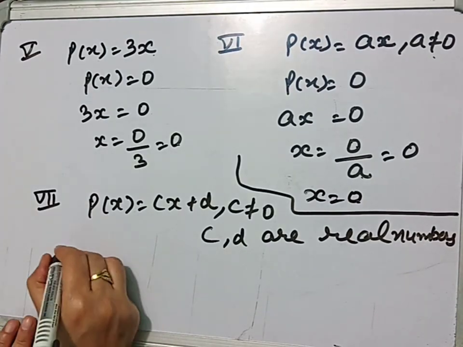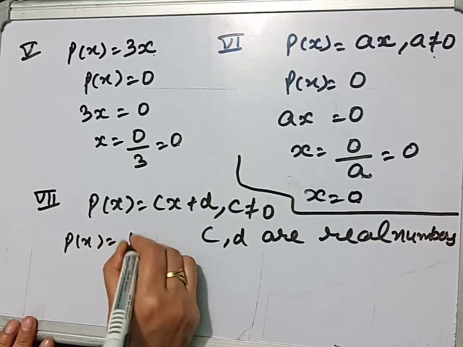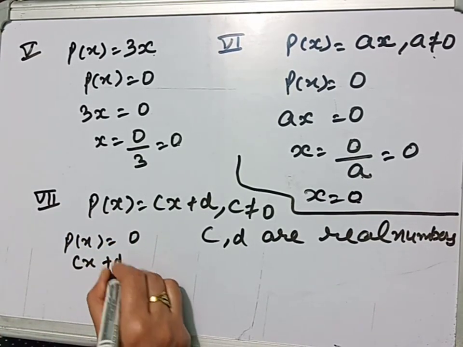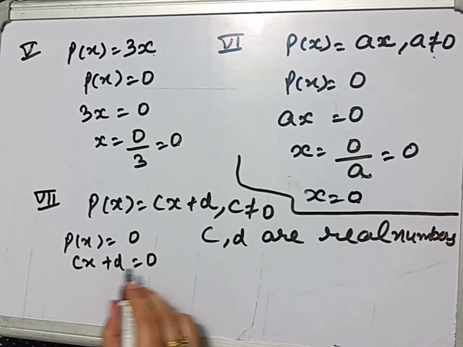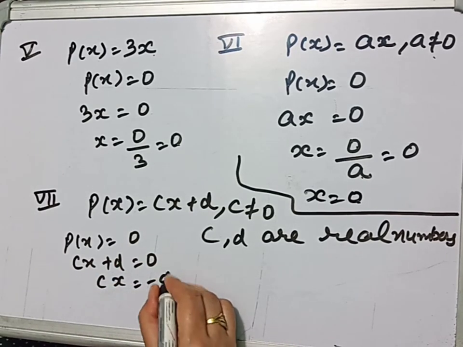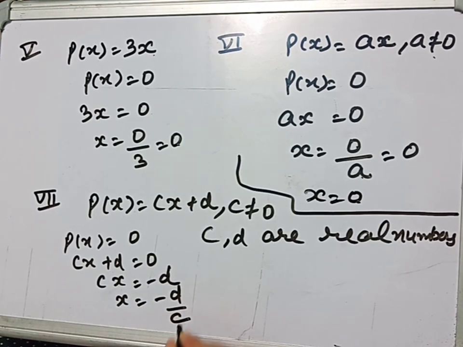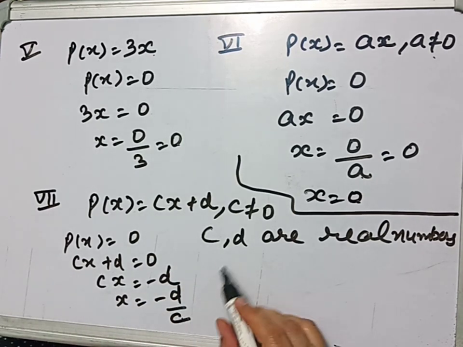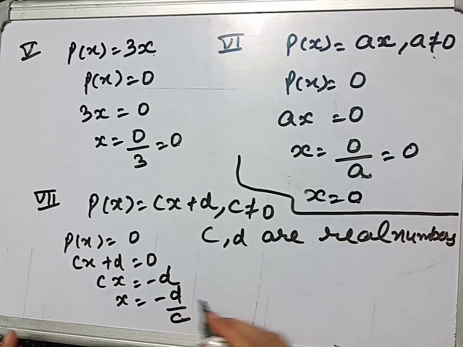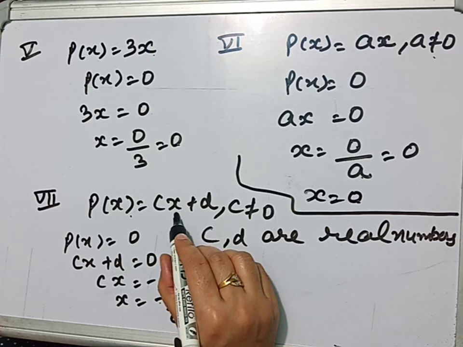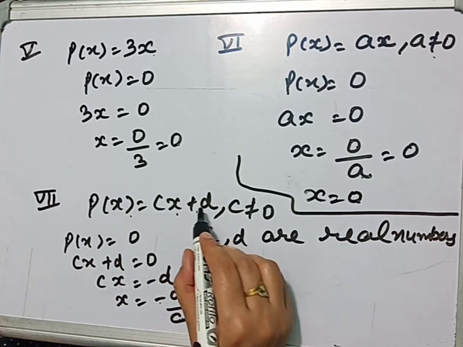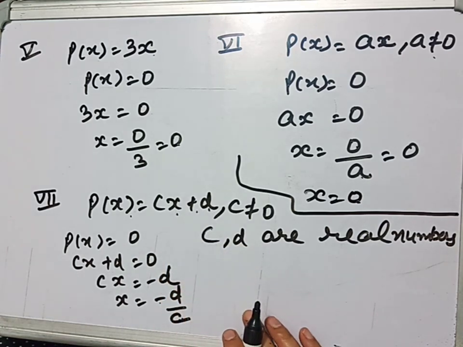Now p(x) is equal to 0, cx plus d is equal to 0, plus d becomes minus d on the right hand side, x is equal to minus d over c. Now d and c are any real numbers, so minus d over c is 0 of the polynomial p(x), cx plus d. With this question, this exercise is completed.